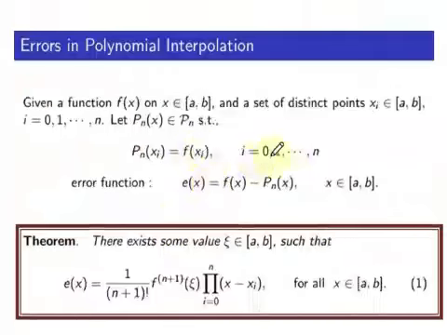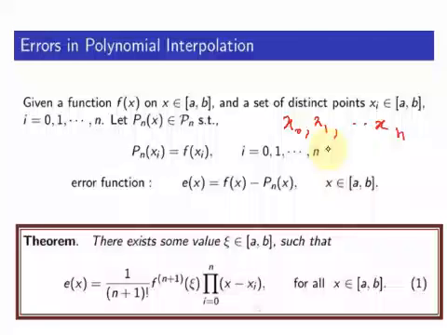At these nodes x0, x1, ..., xi, which are distinct x's and are called nodes, the interpolating polynomial is the same as the function value.